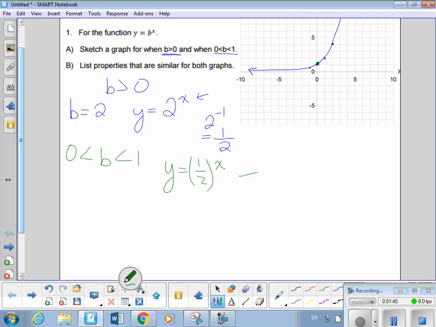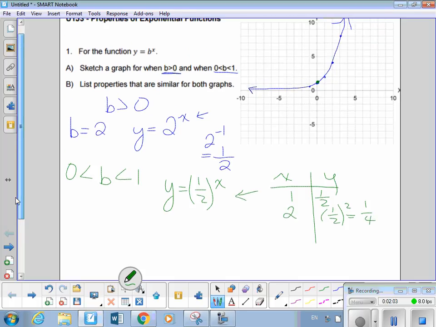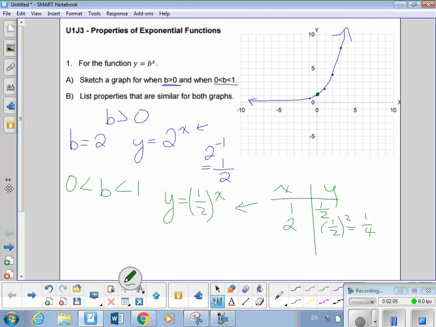If I choose 1, 1/2 to the power of 1 is a half. If I choose the number 2, it would be 1/2 squared, which would be 1/4. Notice it's positive. So if I put those points on, a half and then 1/4, I'm creeping closer and closer to the x-axis.